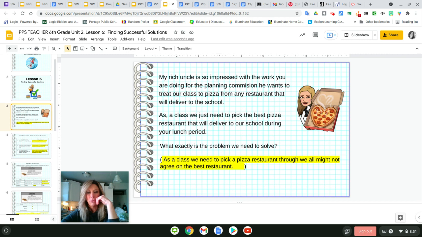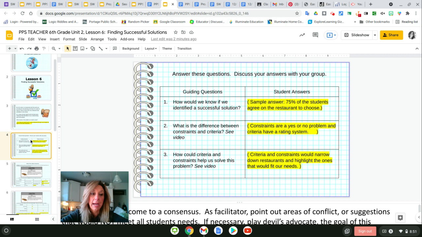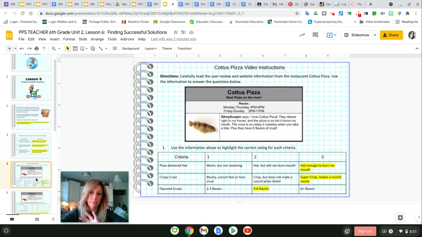We decided as a class that we needed to pick a restaurant that served pizza, although we might not all agree on what the best restaurant is going to be. We needed to set up some criteria, and we might have had some constraints on what pizza place was going to work for our class. You went through all of the criteria using the little explanation in those slides, right?